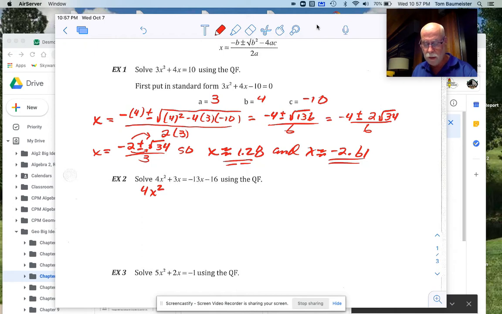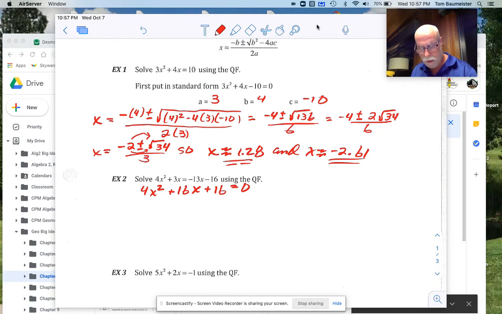So I'll have 3x plus 13x, or 16x. And when I bring the negative 16 over to the other side of the equal sign, that becomes plus 16. And now we have it set equal to 0, which is what we have to do to use the quadratic formula. So again, if you can simplify, simplify.